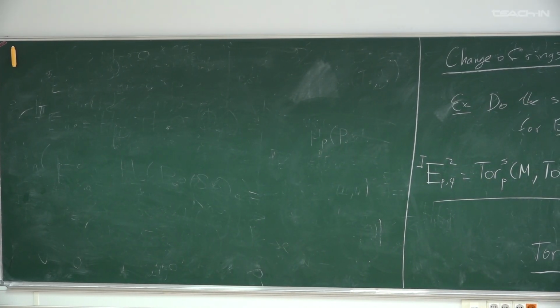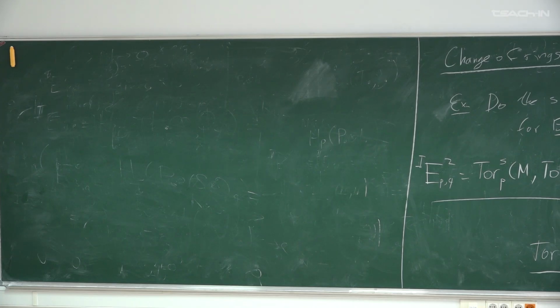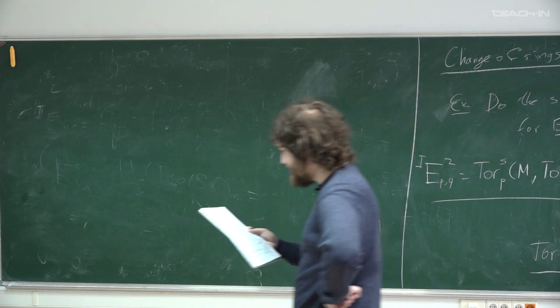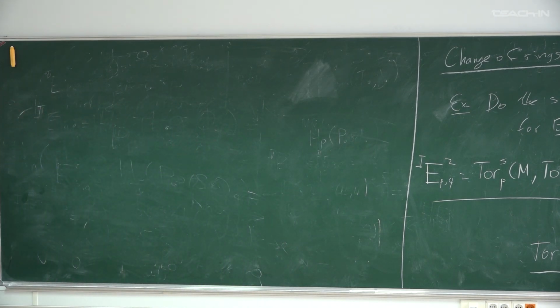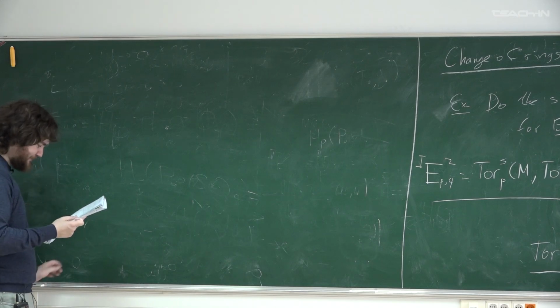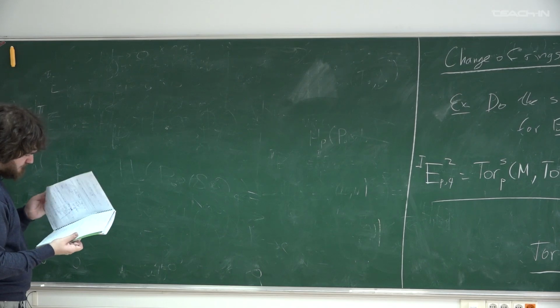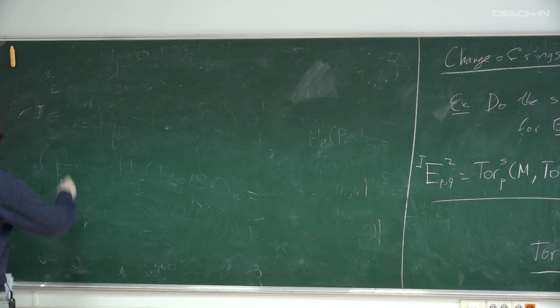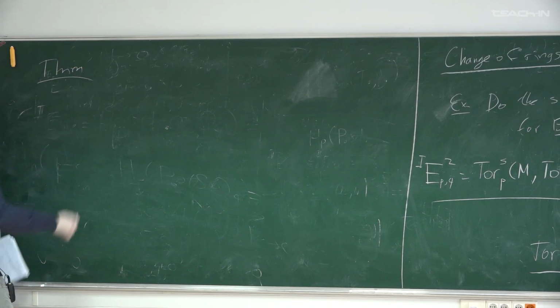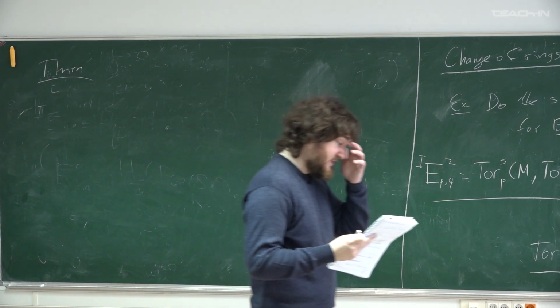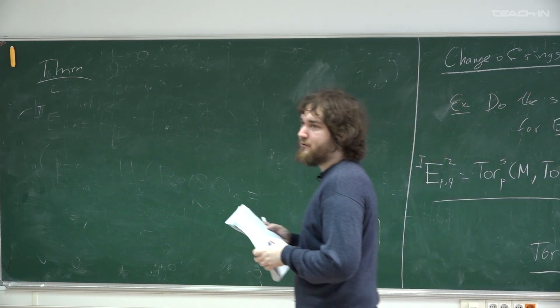Okay. Now let's prove the Kunneth spectral sequence. What's the Kunneth spectral sequence? Theorem. Let we have two chain complexes which are bounded below.